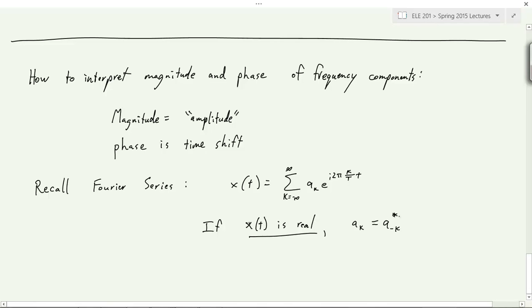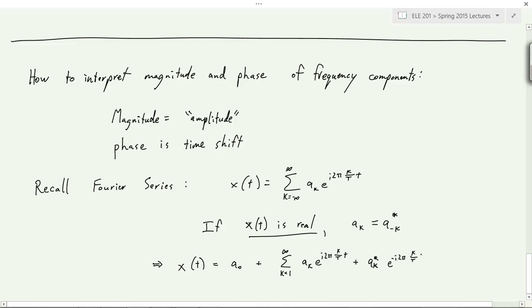And because this is true, x of t can be expressed as a different sum, one that's maybe more natural to think about in terms of cosines. It's harder to work with mathematically, but easier to think about. In this expression, I haven't really changed anything. I've just combined like terms, so I can express it this way, plus a_k conjugate e^{-i 2 pi k t / T}.